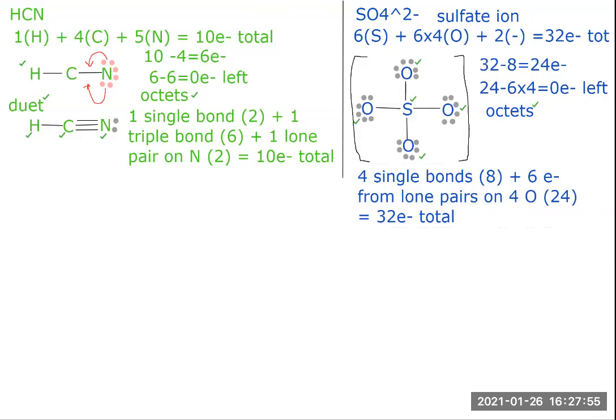So we do brackets around the whole structure, and then we specify the charge in the upper right corner. Let me make it in red so that we see it well. So 2 minus, this is a -2 ion here. So that's how you finalize a Lewis structure for a polyatomic ion.